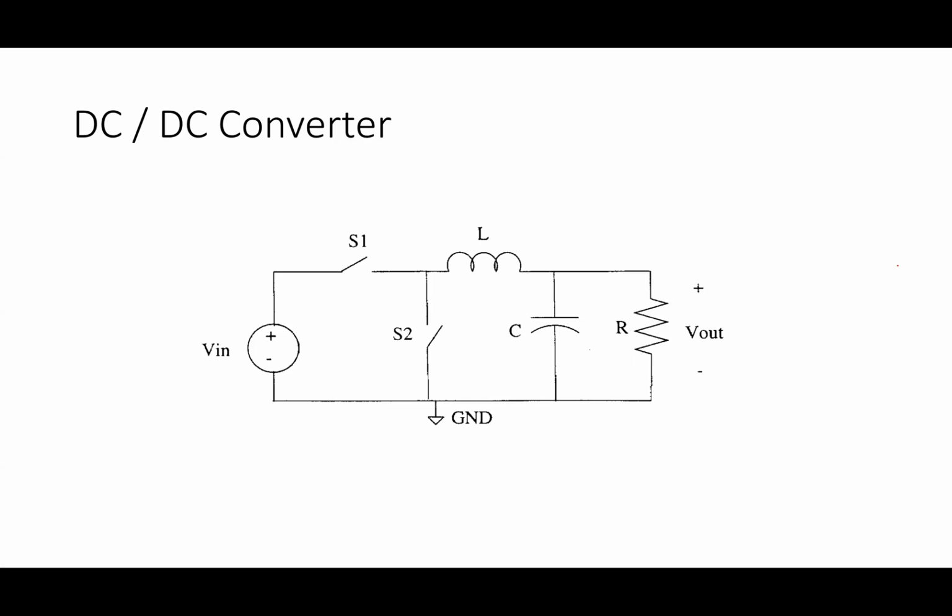A buck means down, it's bucking it, reducing it. I call it a down converter because V out's always going to be less than V in. If I built this thing properly, what is V out going to be? D V in. That's the basic way that I do this.